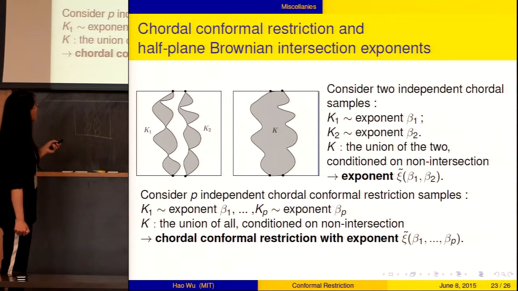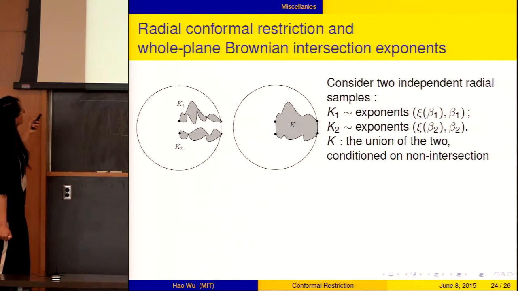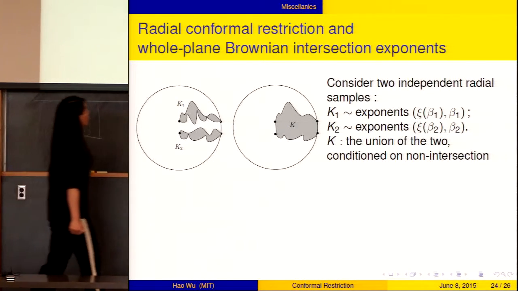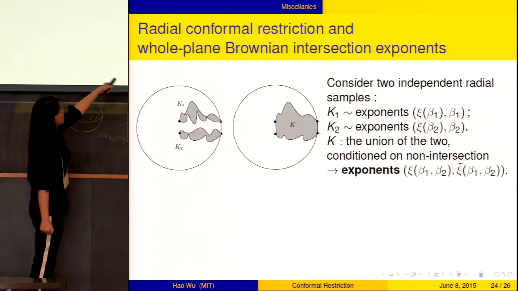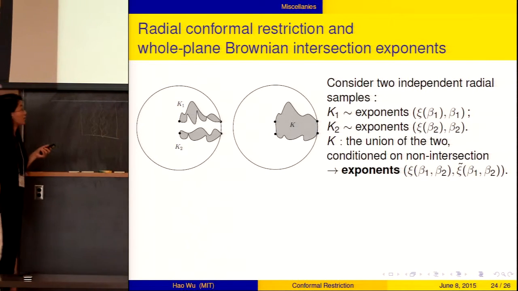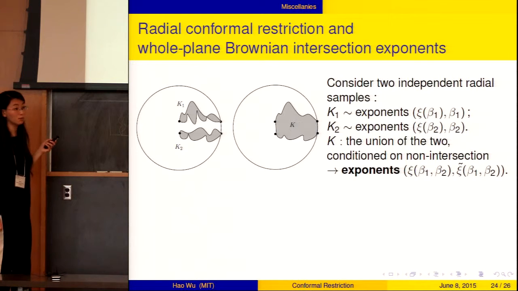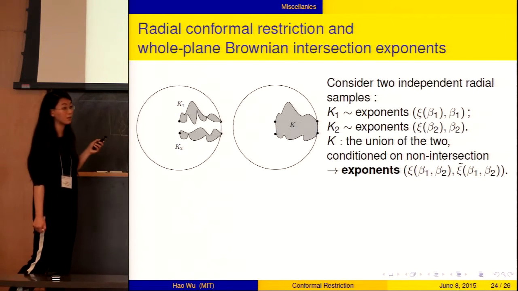And we also have a similar property for the radial case. Suppose we have two radial samples, K1 and K2. We condition on there being no intersection, take the union of the two, and then it corresponds to a radial restriction measure with the interior exponent and boundary exponent given here. Now the boundary exponent is the half-plane intersection exponent, and the interior exponent is the whole-plane Brownian intersection exponent.